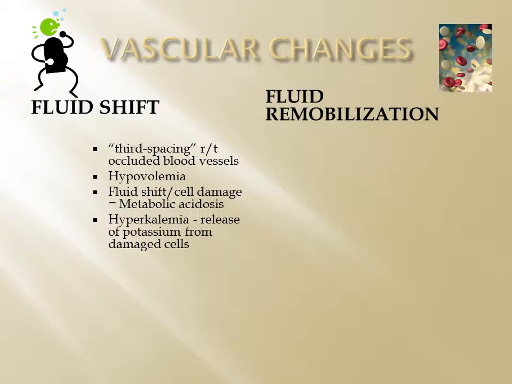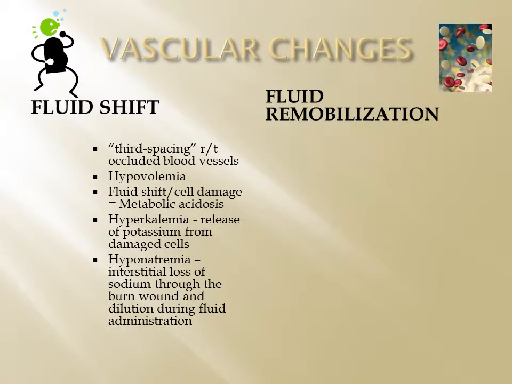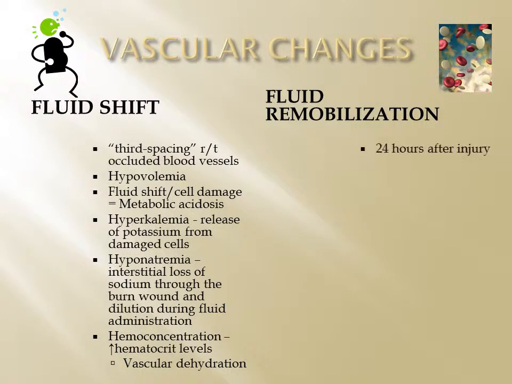There will be hyperkalemia due to the release of potassium from the damaged cells. Hyponatremia occurs due to interstitial loss of sodium through the burn wound and dilution during the fluid administration. The increase in hematocrit levels, equaling the vascular dehydration, results in hemoconcentration.